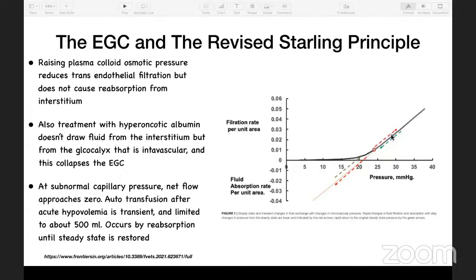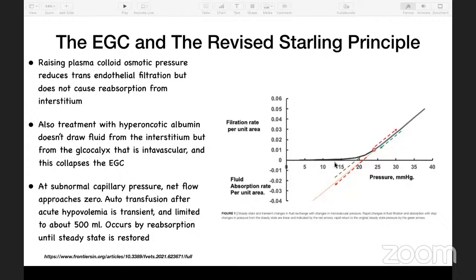And we look at this graph, what I've already explained from the work of Michel and Phillips, that reabsorption only occurs transiently in the acute hypovolemic states or acute disequilibrium, but when the steady state is regained, reabsorption stops.